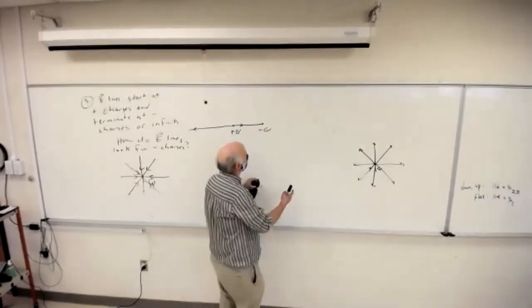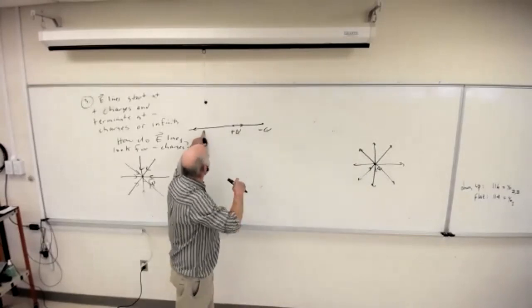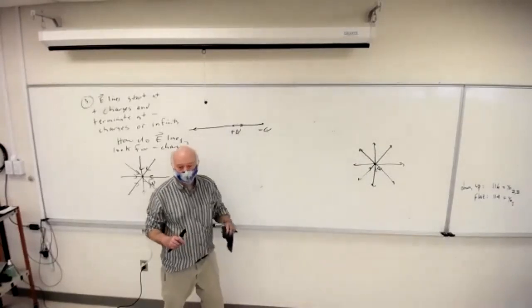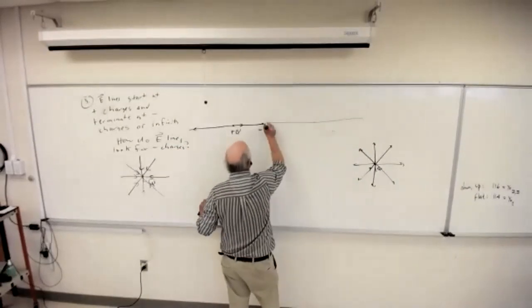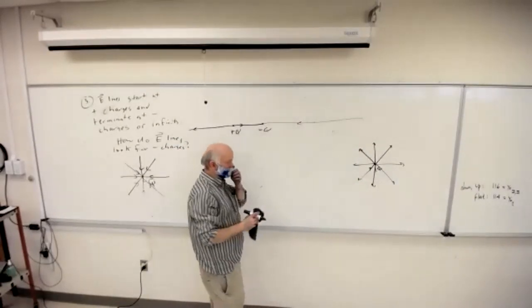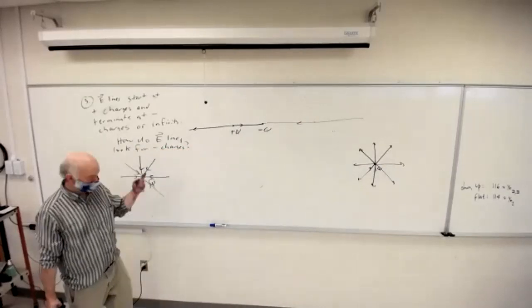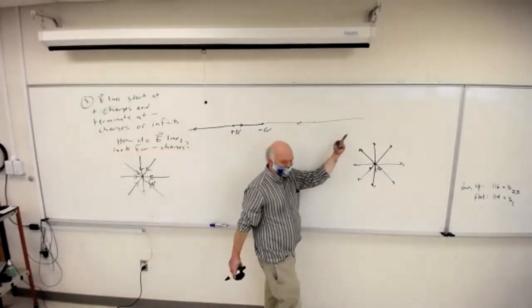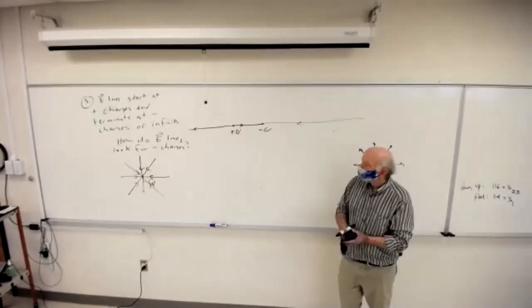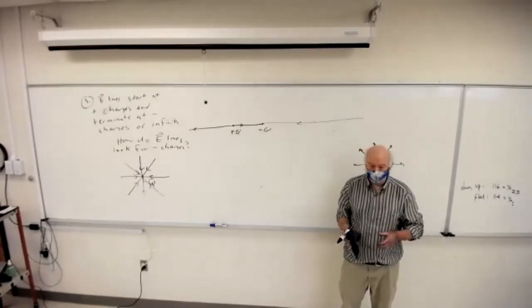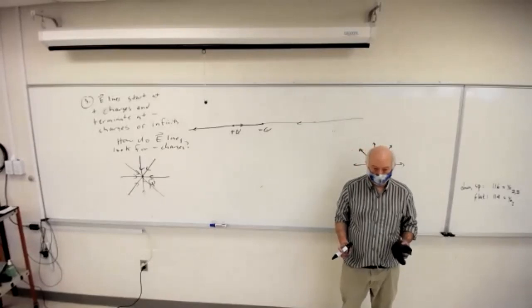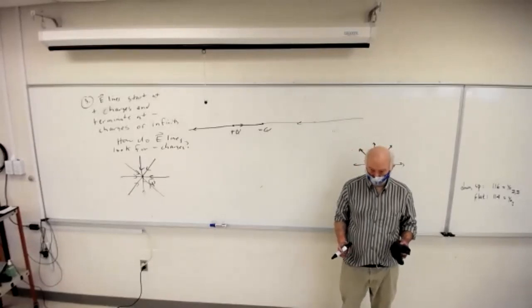Now, what about, let's say I'm drawing this one. What would be the corresponding line of this and this line? It would be a line coming from infinity and then terminating on that negative charge. So if I just look along this x-axis here, that's how I draw those lines. I'll show you what to do over in these regions in just a second. Okay?